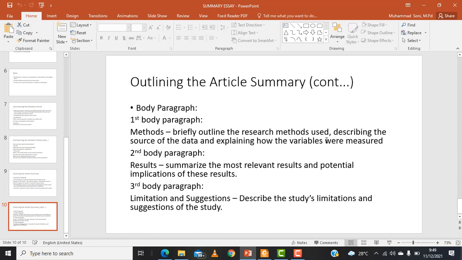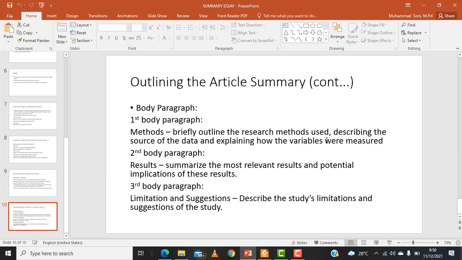How did the researchers collect the data, whether they used interviews or questionnaires or maybe observation, and explain how the variables were measured, meaning that you also have to find out how the author analyzed the data, how to measure the questionnaire or interviews, or if there's some kind of different treatment, how they calculate the result of the treatment itself.